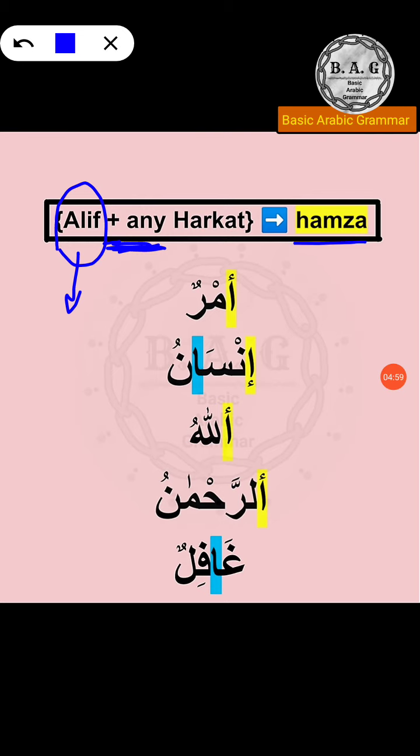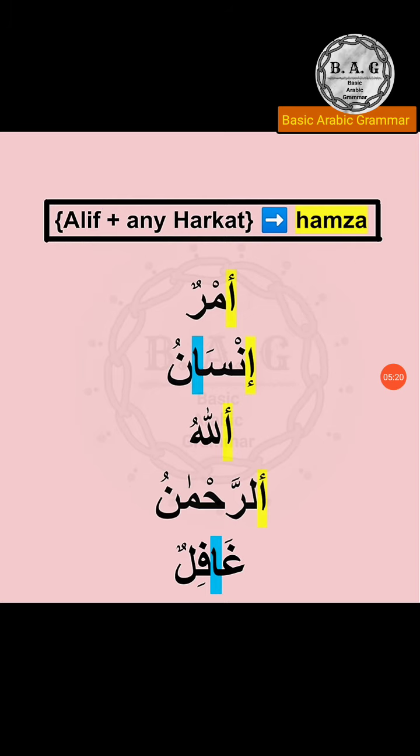Whenever you see any harakat on alif, it could be fatha, it could be dhamma, it could be kasra, it is addressed as Hamza. It's not called alif, it's called Hamza. However, if you see a plain old alif that doesn't carry any harakat, then it's called only alif, nothing else.